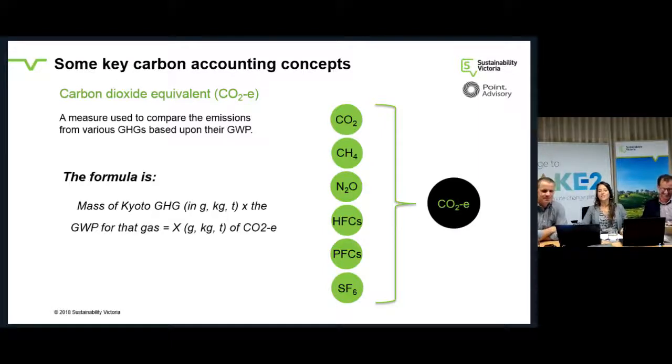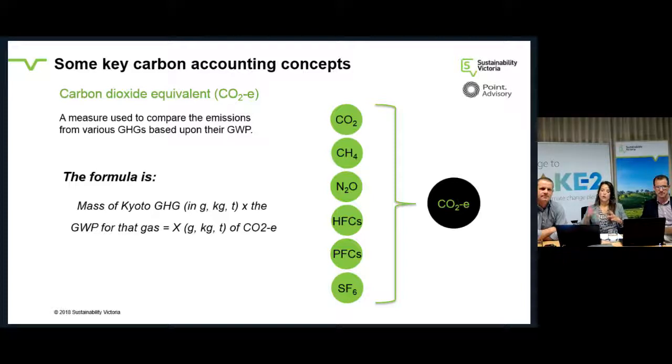So basically, we now know that there's a few gases up there in the atmosphere, but when we talk about carbon accounting, we want to talk in a common language. We want to bring everything to a common metric. And that's when we talk about carbon dioxide equivalent, which is basically a measure to compare the emissions from different greenhouse gases using the global warming potential.